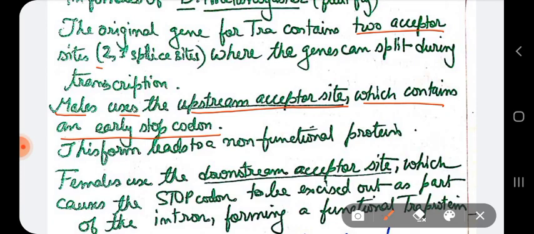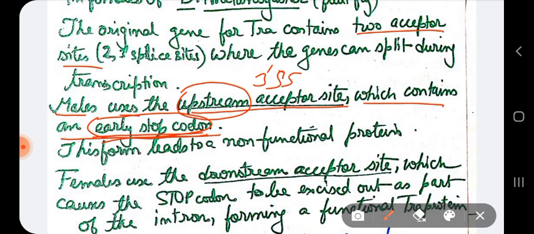In case of males, they do not code for this transformer activating protein. Why do males not code for this transformer activating protein? Because males use the upstream 3 prime splice site which contains an early stop codon.